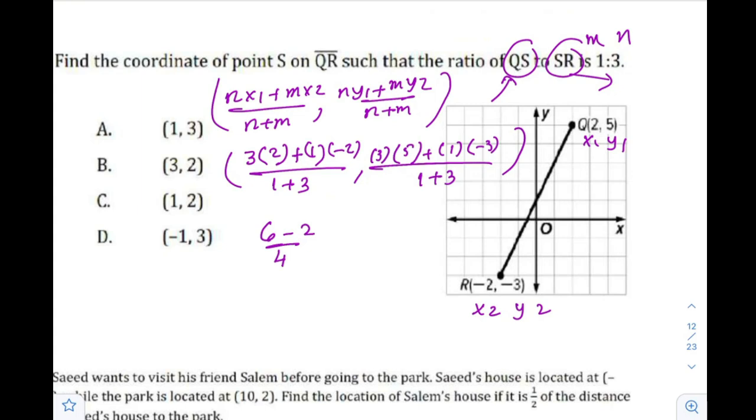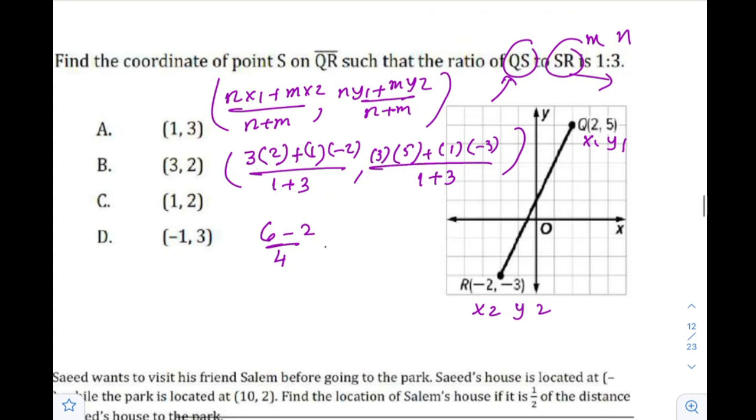So there is something wrong. Then x1 is QS to SR from Q to R. Yes, 2 and x1, so it is 3 times x1. X1 is 2 plus N, negative 2.